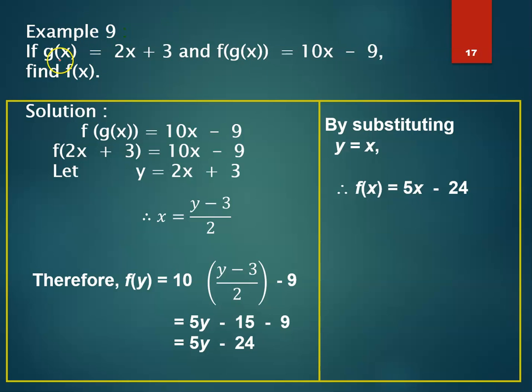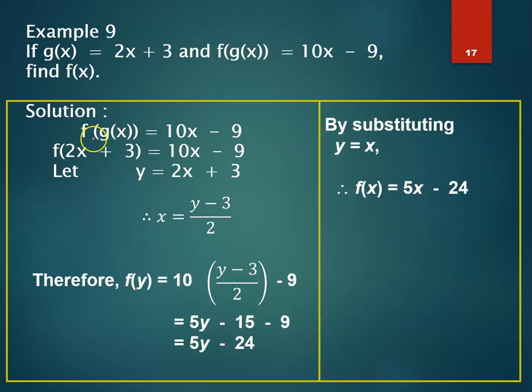But now you have g and the composite function of f and g, and you need to find f, single f. For the solution, you have the composite function f(g(x)) equal to 10x minus 9. So we're going to decompose it, ataupun kita akan leraikan dia.